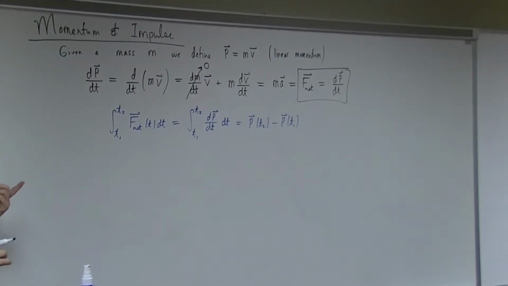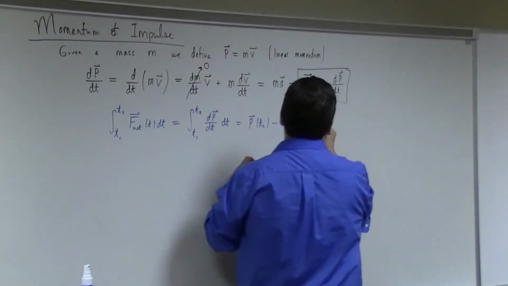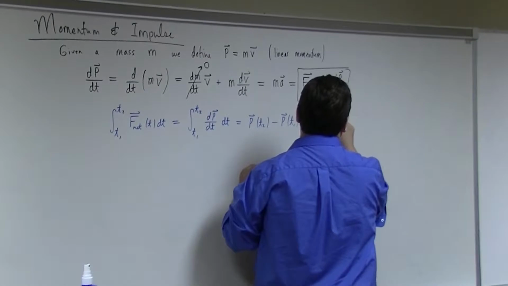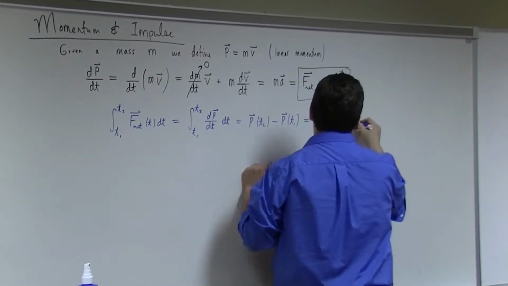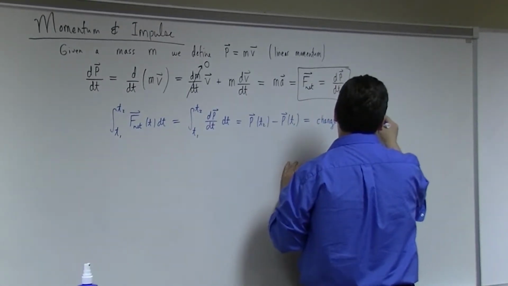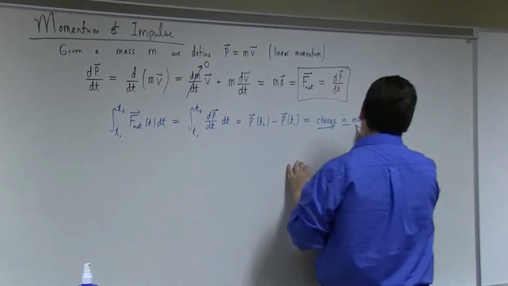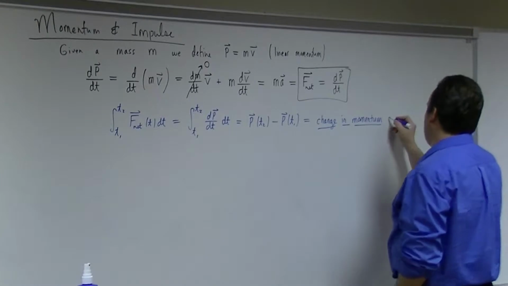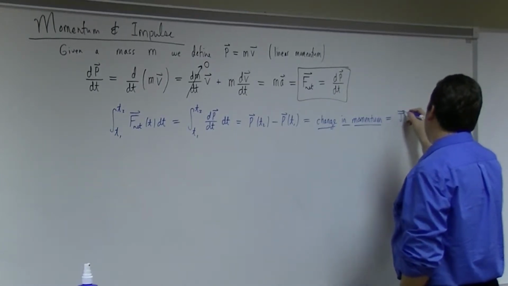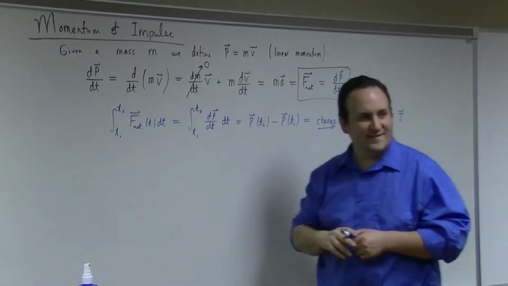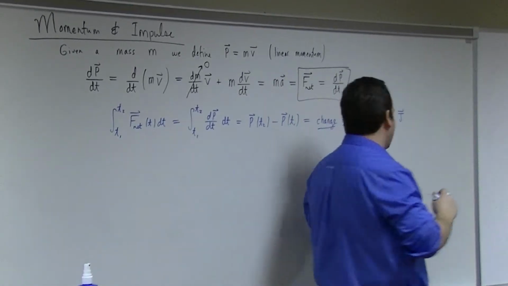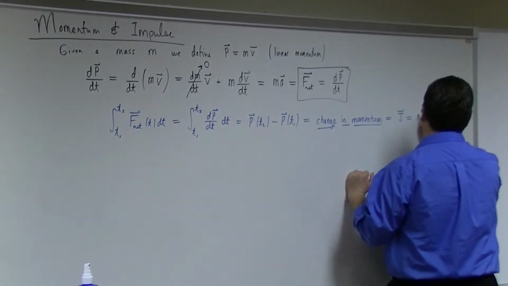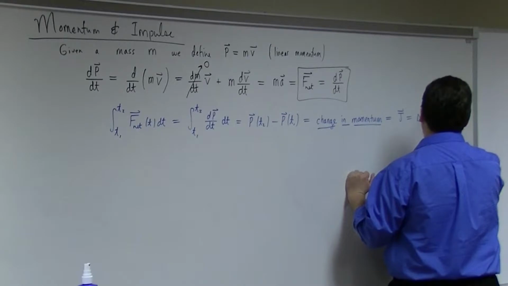Using the net change theorem, the fundamental theorem of calculus, what I've discovered is that the integral of the force is equal to, in words, the change in momentum. Now, for reasons I don't entirely understand, some people call this J. I would prefer to call it the change in p. It's the finite change in momentum.